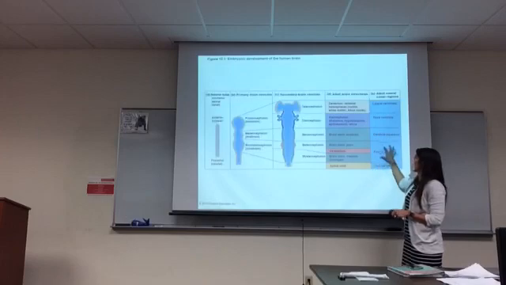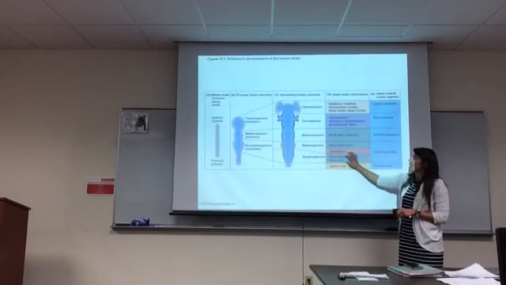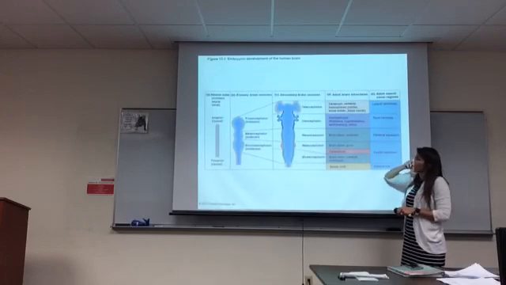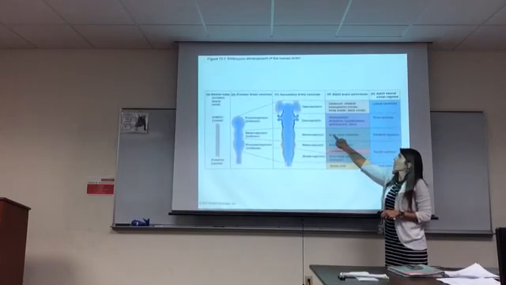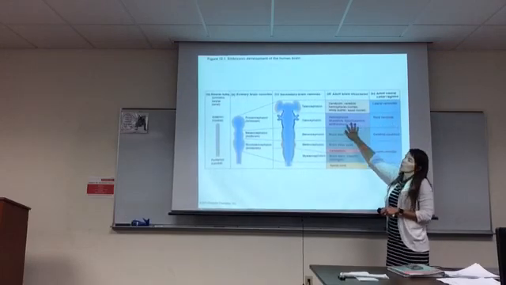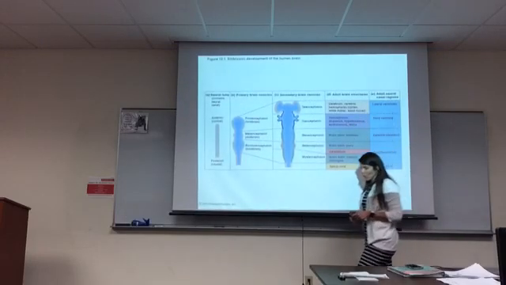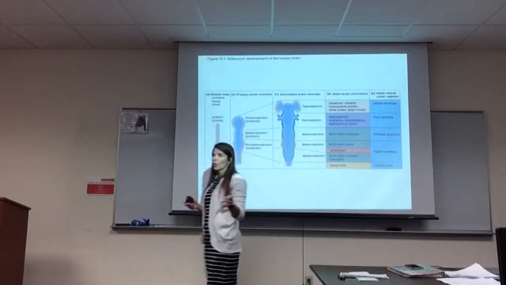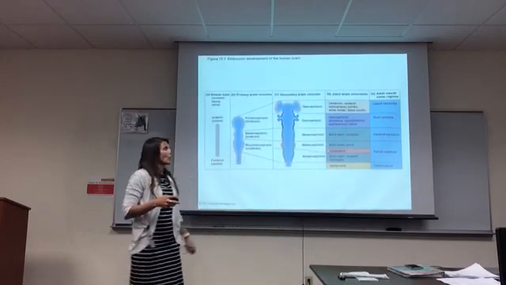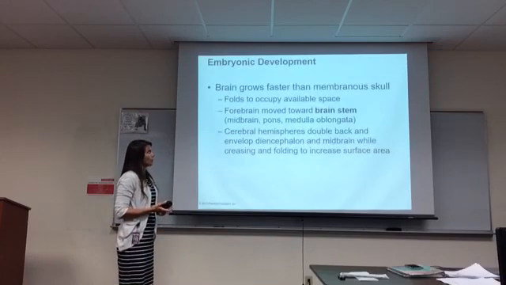Okay, so it's telling you that this fourth ventricle here takes care of serving this area. This cerebral aqueduct takes care of the midbrain, which is still part of the brain stem here. Then the third ventricle, the diencephalon, and so on. So you can see the association. Now, I'm going to show you what the ventricles are in a little bit, but I wanted to put that there so that you can see all that information.